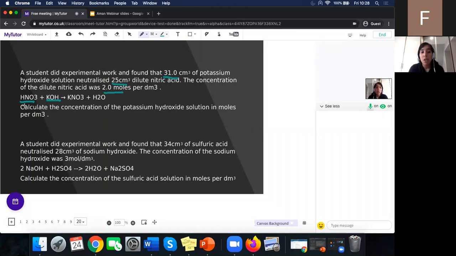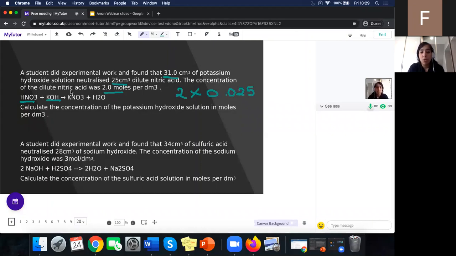So to calculate the number of moles of nitric acid, it will be the concentration, which is 2, times the volume. So the volume here is 25. So 25 divided by 1,000 is 0.025. So the number of moles of nitric acid is 2 times 0.025. So what's 2 times 0.025? That's the number of moles of nitric acid.